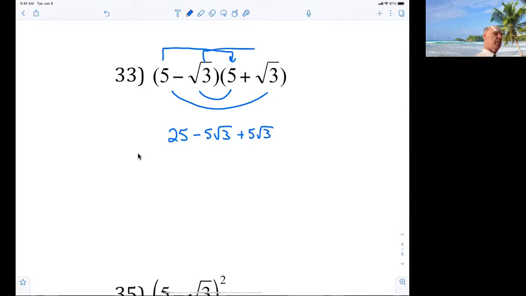And then 3. What kind of 3? Negative 3. Yeah. So now everybody's telling me what happens here. Cancel out. So your final answer after all that, 22. Everybody good?